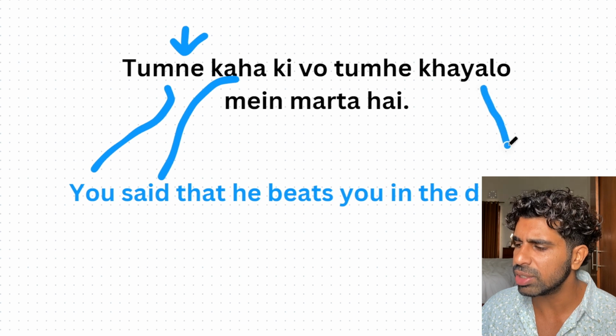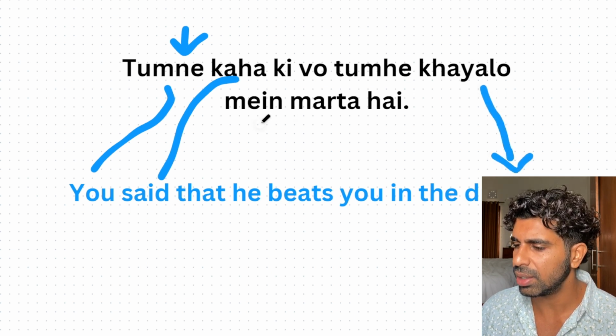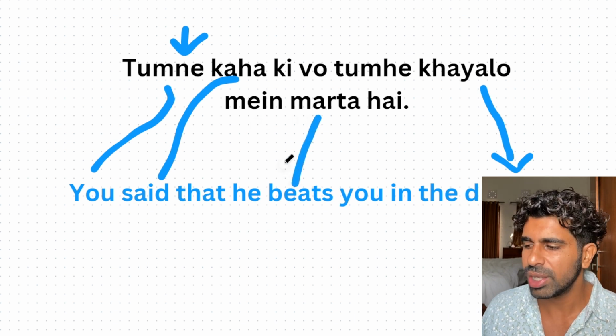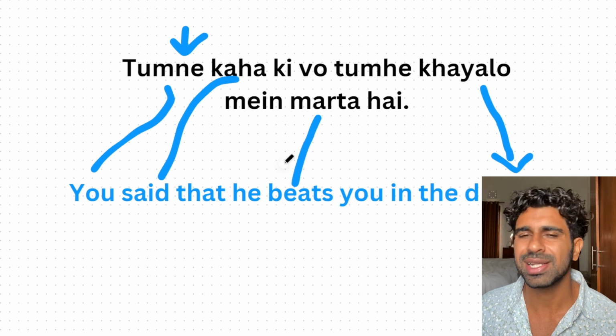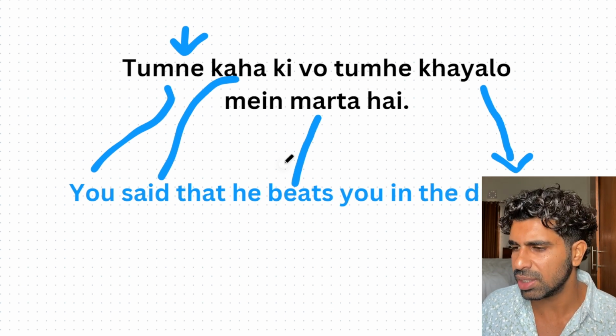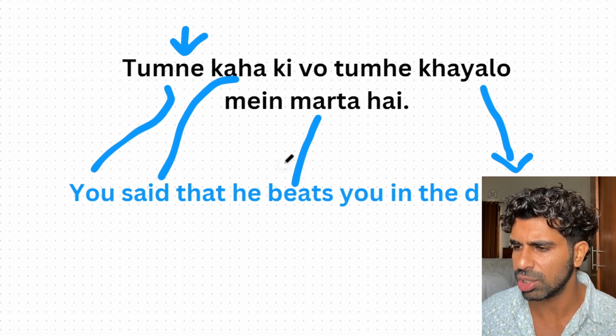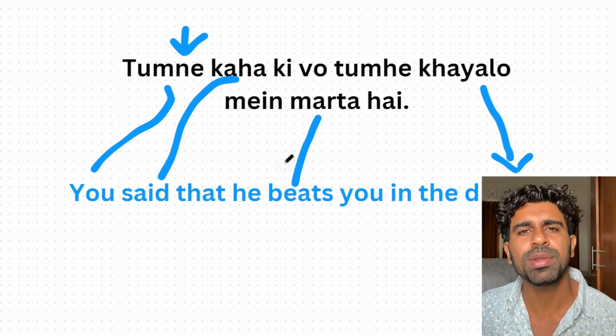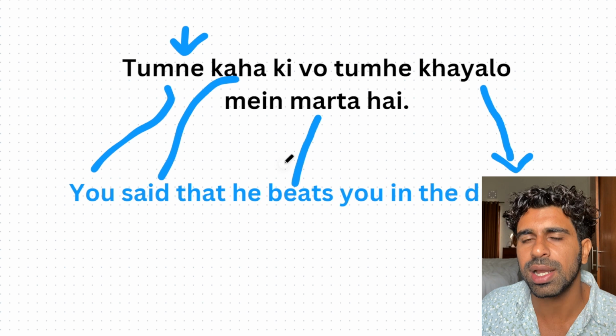Khayal here is dreams, and me is in, of course, and marta is the beat, right? Now here's the thing, khayal not necessarily means dreams. That's where I think they also got it wrong in the Netflix subtitles, because khayal not only means dreams, you can also say mere khayal mein.